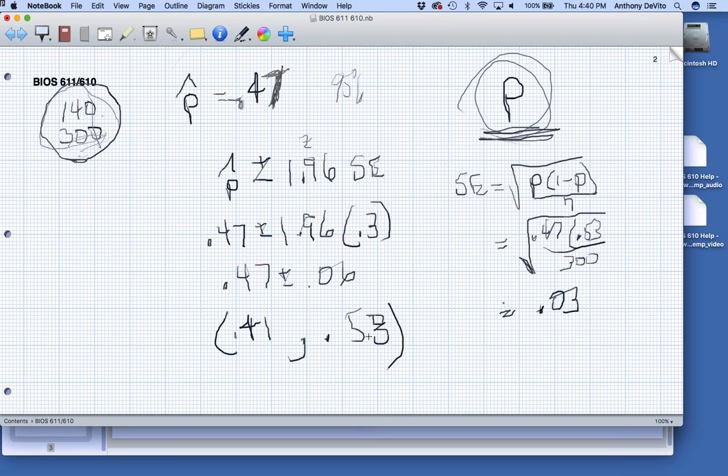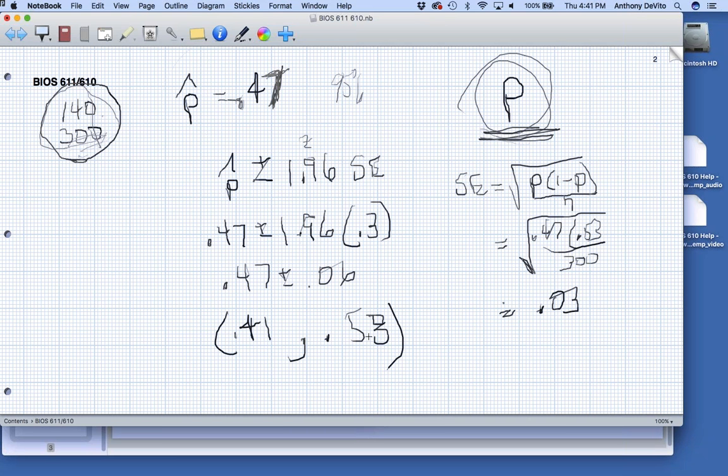Can I say that this person's going to win this election or lose this election? No, because 50% is within this range, right? So I can't say I'm more than 95% certain that the outcome for this person is going to be over 50% or under 50%, right?